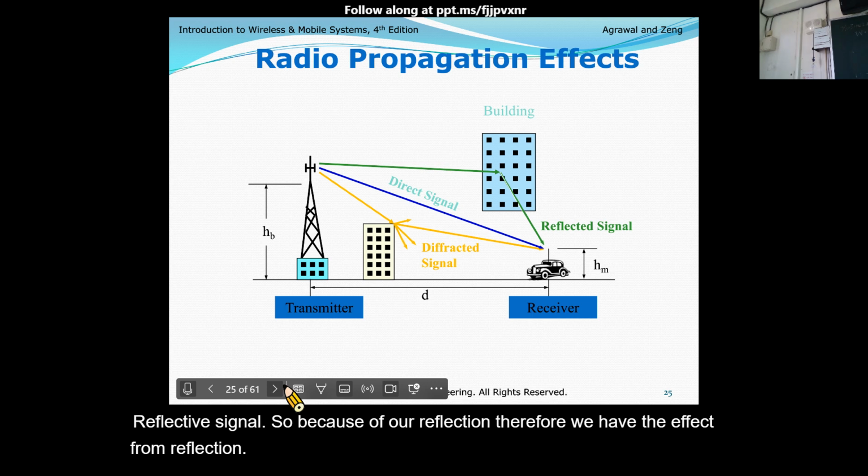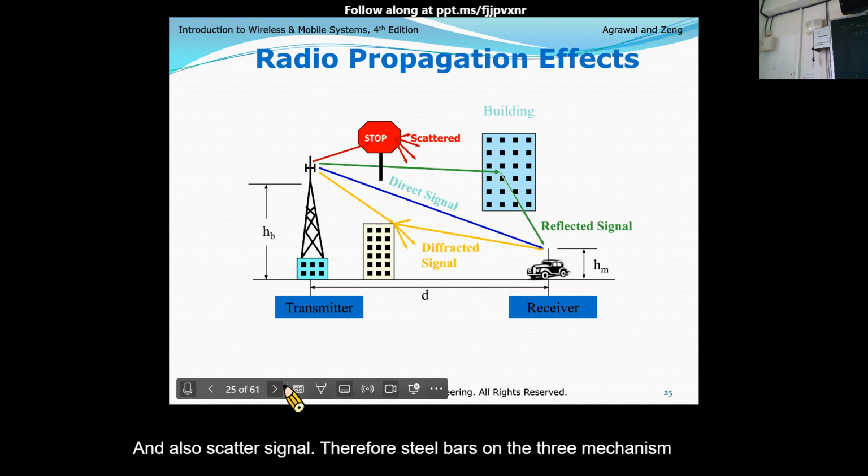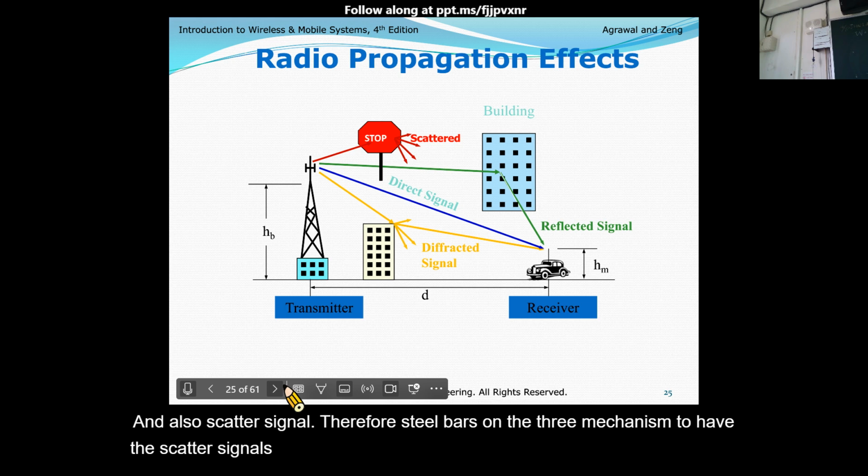And the diffracted signal. And also the scattered signal. Therefore, still based on the 3 mechanisms, we have the scattered signals, diffracted signals, and the reflected signal.